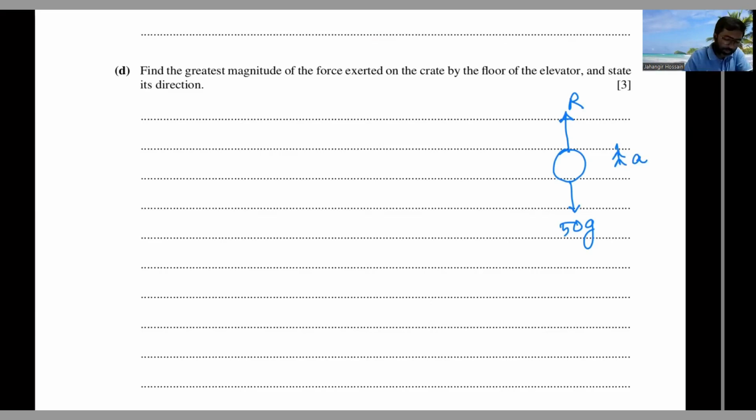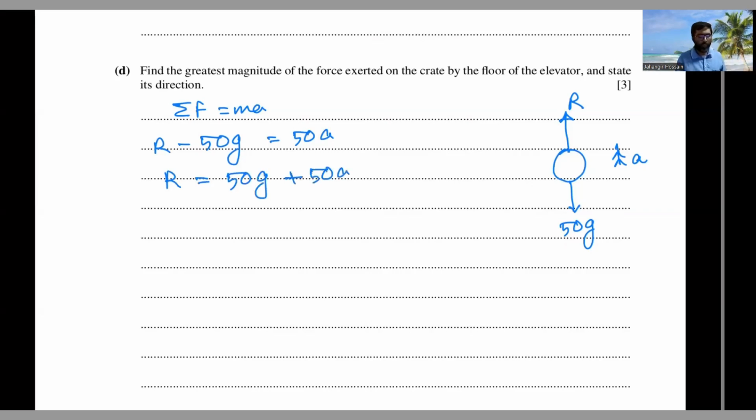The equation for Newton's second law here will be R minus mg equal to ma, that's 50a. So R is 50g plus 50a. What will be the greatest value of R here?